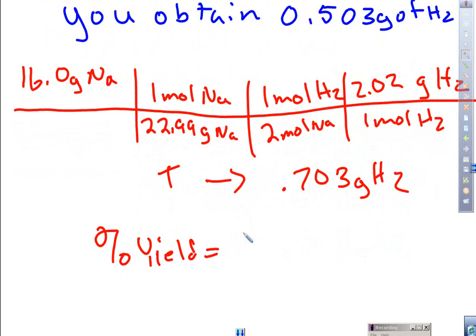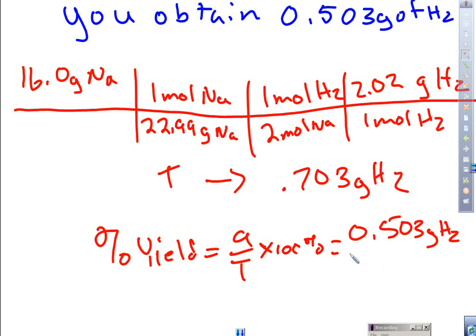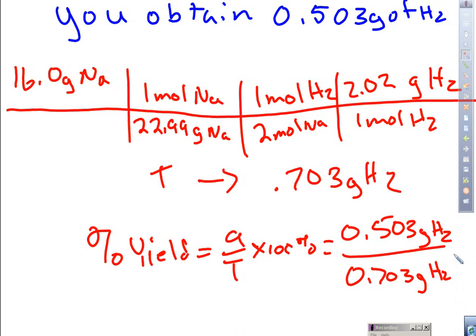equals my actual divided by my theoretical times 100%. So that equals, what's my actual yield that I obtained? 503 grams H2. And what's my theoretical yield? Okay. Times what? 100%.